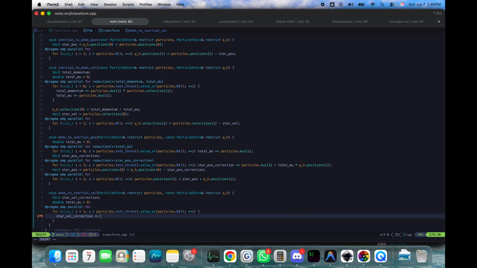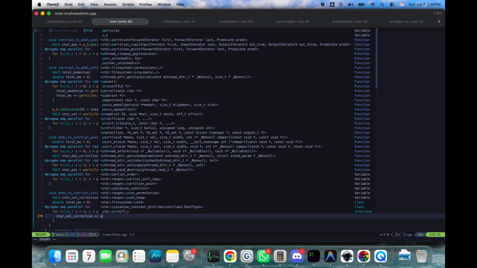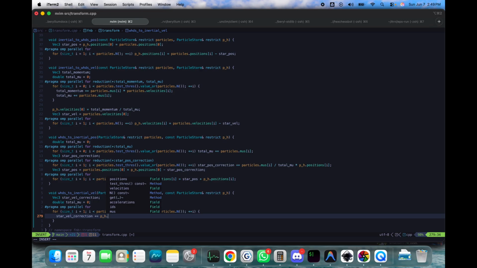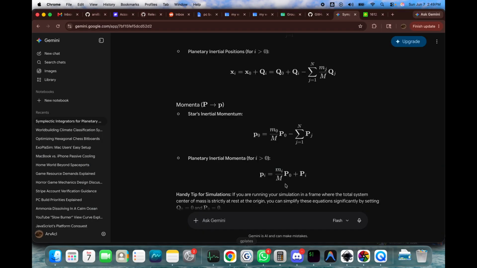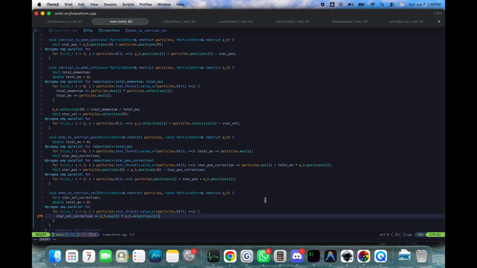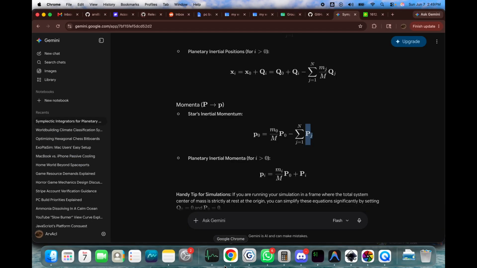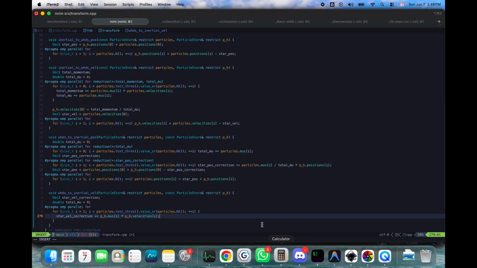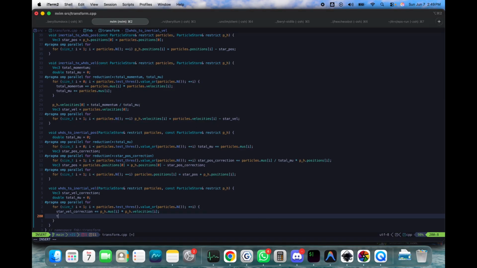Star vel correction plus equals ph.mu's index I times ph.velocity index I. And this part will have to be divided by one over m, it's one over the mass of the star, and go from 1 to p.